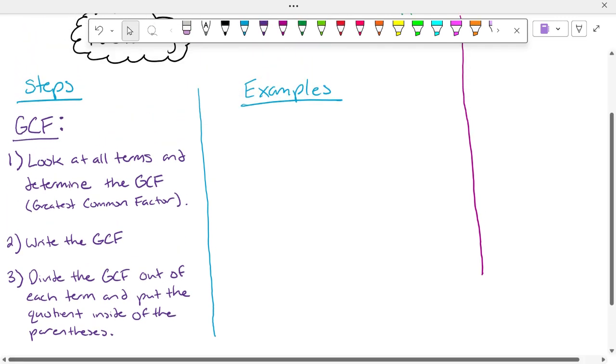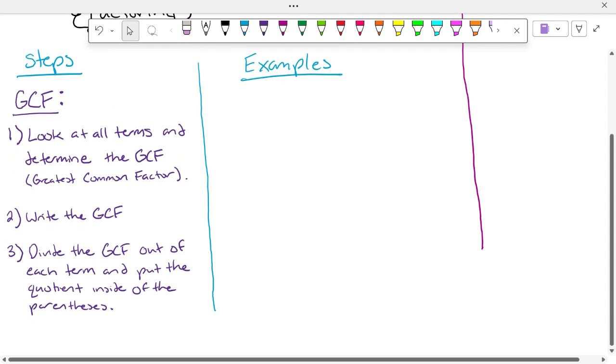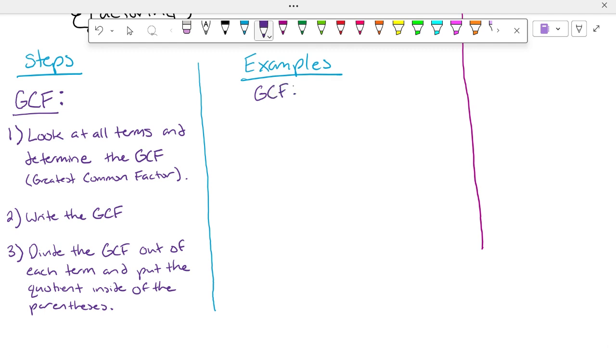Now, on the other side, I'm going to do a GCF example. I'm going to do example 4, still on page 1. All right, so I'm just going to rewrite the example. I'm not going to write the word example.